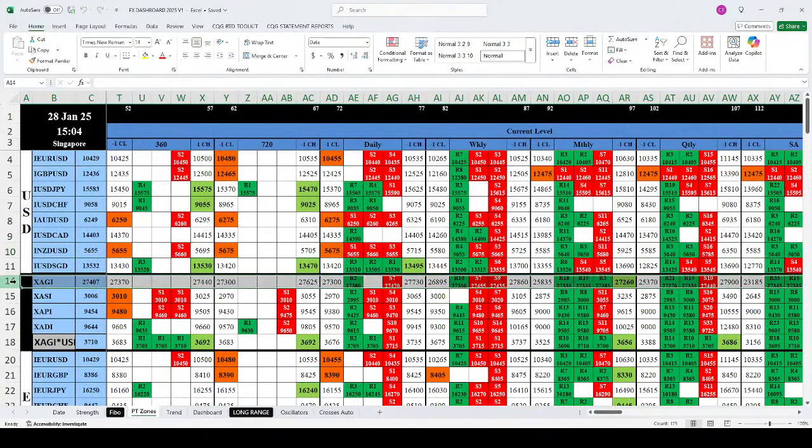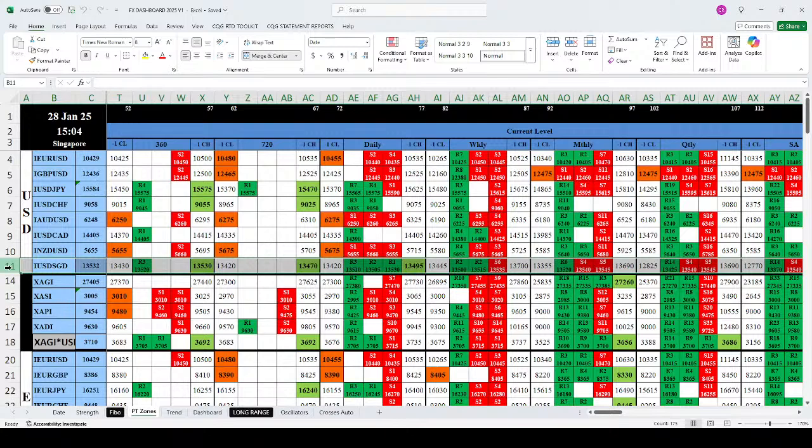Here we are seeing Sing dollar daily showing up, but your weekly there is a strong sell, and monthly is also a strong sell. So this market should turn before 37.